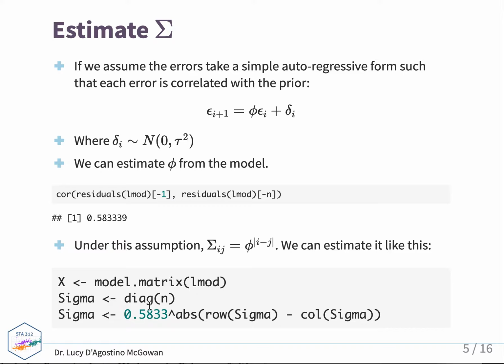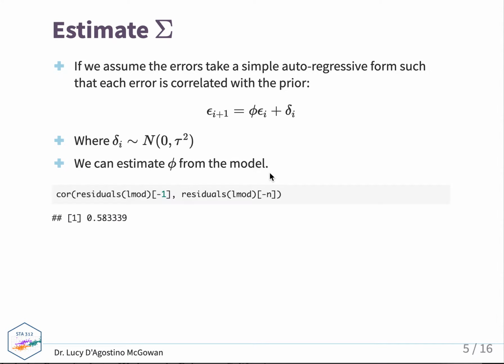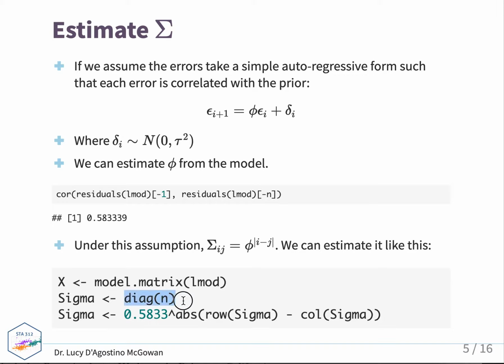I want a matrix that is n by n. We had calculated a variable n back here that's just the length of the residuals, which is equivalent to the number of observations. So this diag(n) is going to create basically an empty sigma matrix where we have 0 on the off diagonals and 1 on the diagonals. And now I'm going to fill it in with this equation that we've specified here.